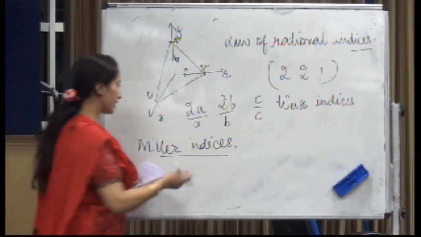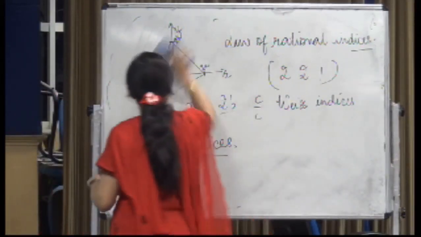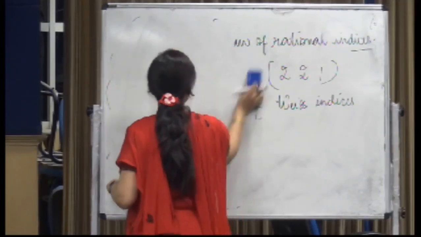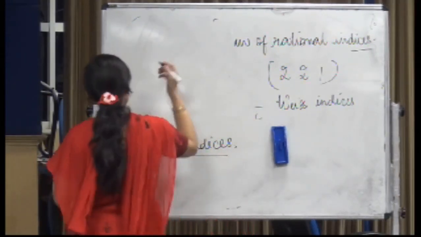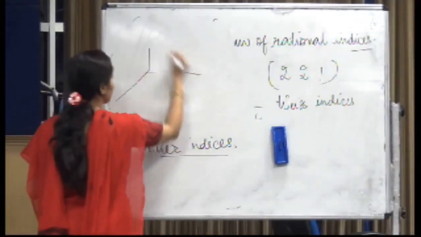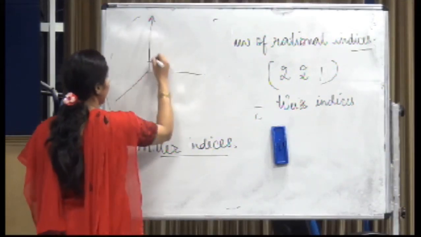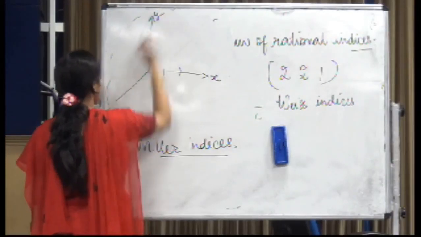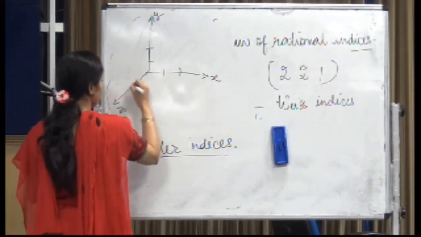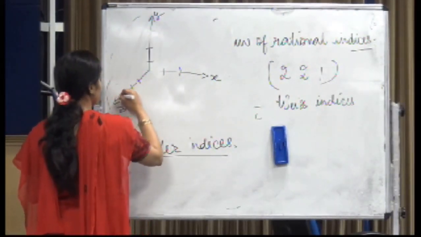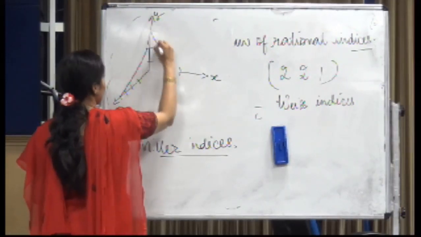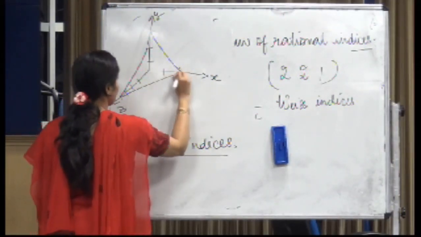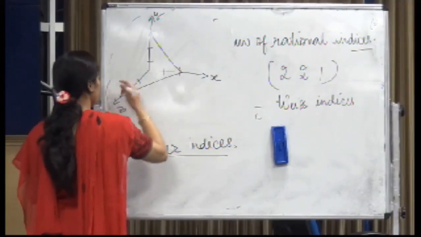Right? If I take another example, now you tell me the Weiss indices for a particular plane. It's very easy to tell. Alright. This is X, this is Y and this is my Z. It's a straight line.